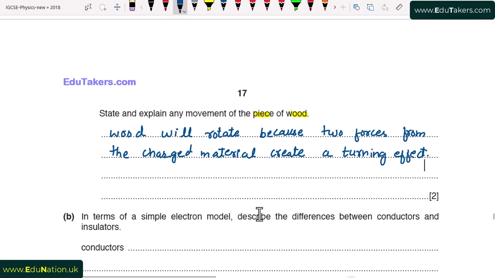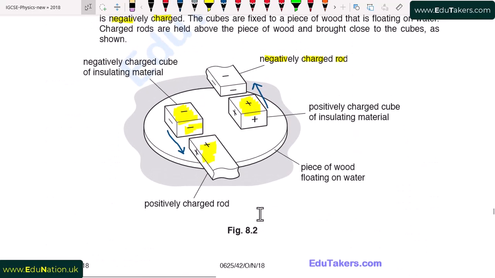We can also see in figure 8.2 that on the left hand side the force is acting in downward direction because the negatively charged wood is attracted towards the positively charged rod, and on the right side the positively charged wood is attracted towards the negatively charged rod, and both of these forces are in opposite direction, so this forms a turning effect.